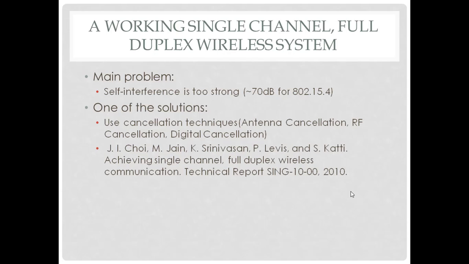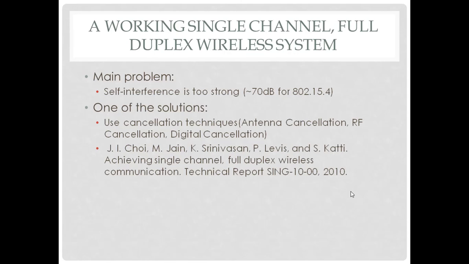The main problem in a full duplex system, mainly for single channel, is self interference. It is too strong, about 70 dB for IEEE 802.15.4.